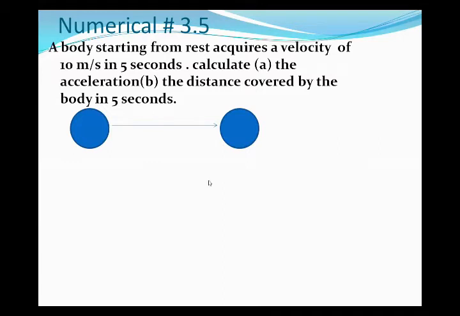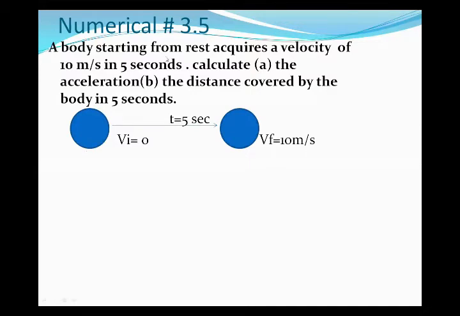It means that when the body is at this position, its initial velocity is 0. If the body is at rest, its initial velocity will be 0. And after taking the time of 5 seconds, it covers a distance, then its final velocity will be higher, and that will be equal to 10 meter per second.